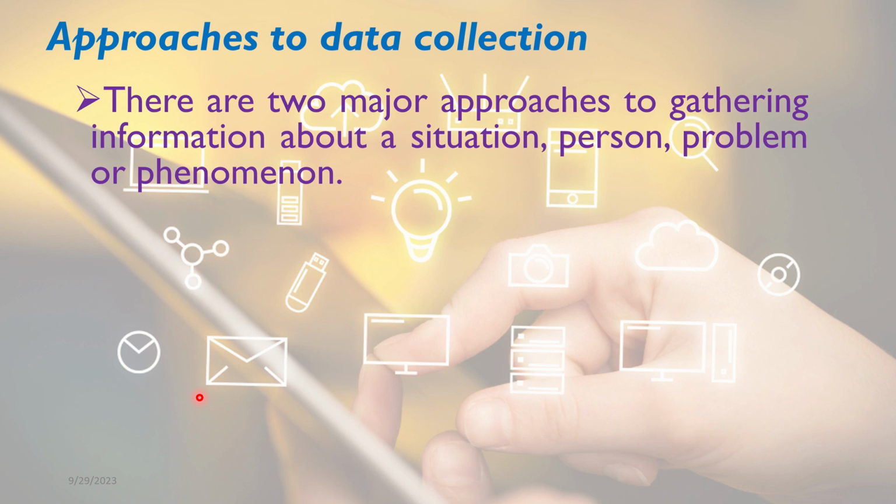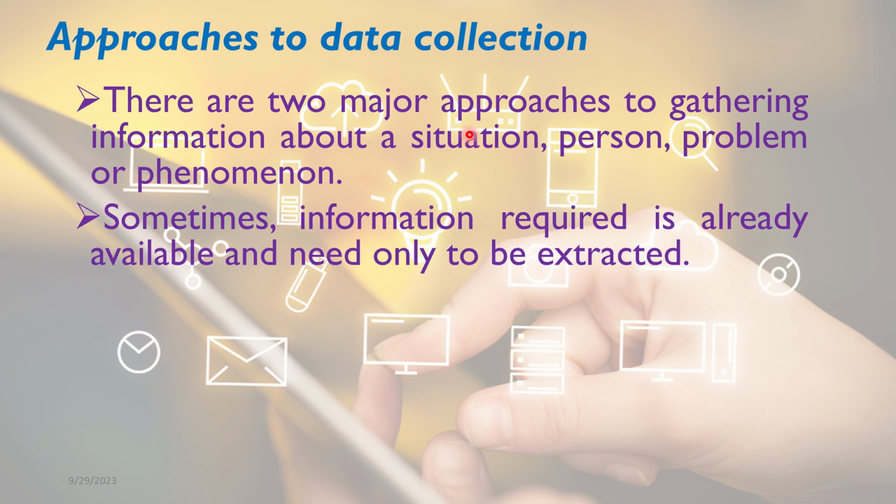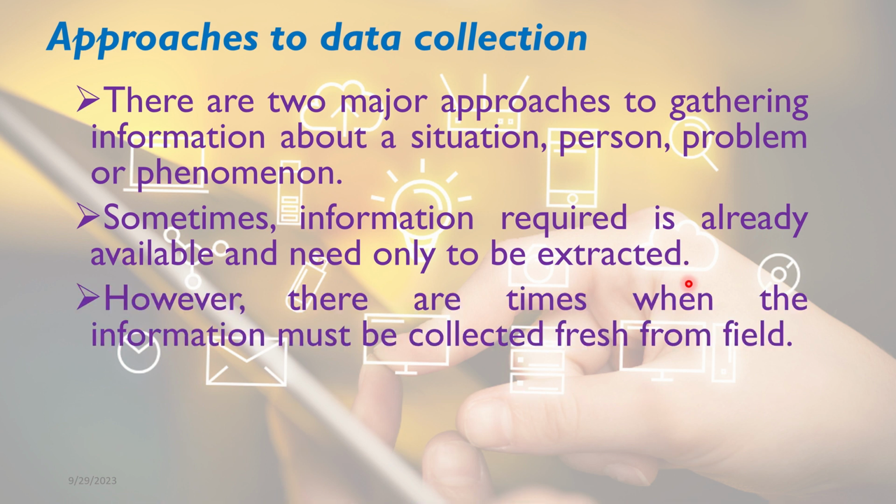Okay, if we talk about different approaches towards data collection, there are two major approaches to gathering information about a situation, person, problem, or any phenomenon you want to study. Sometimes the information required is already available, and you only need to extract it.